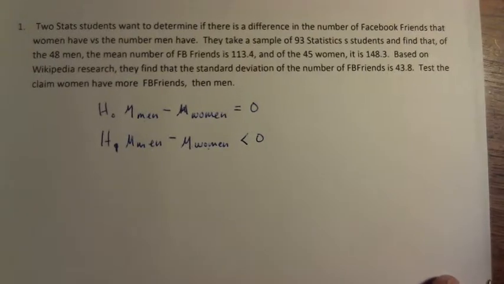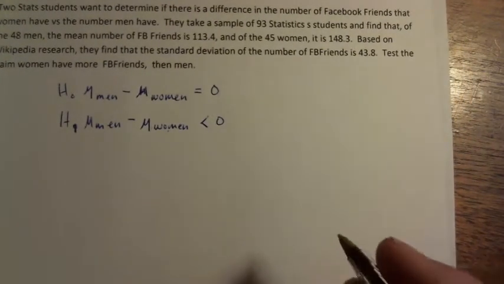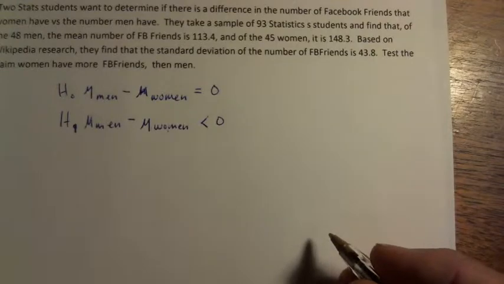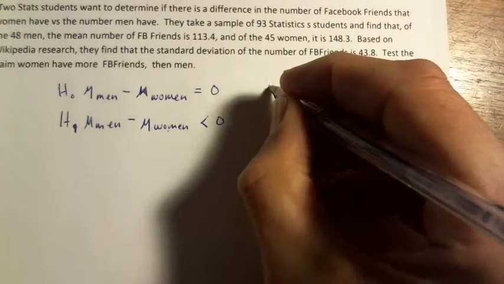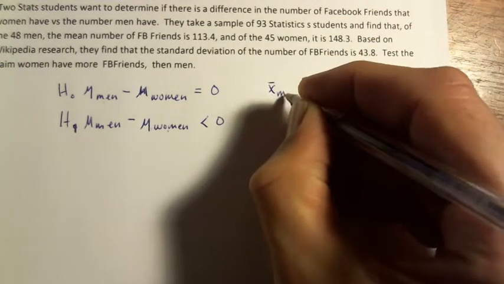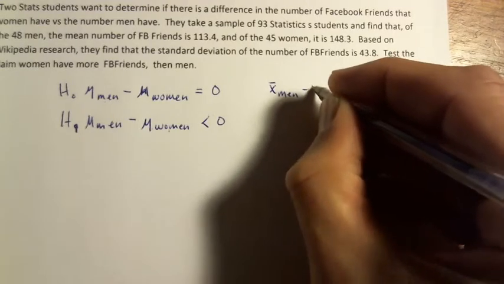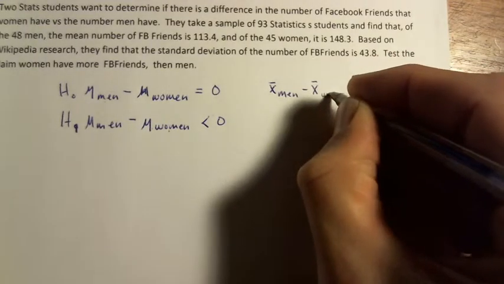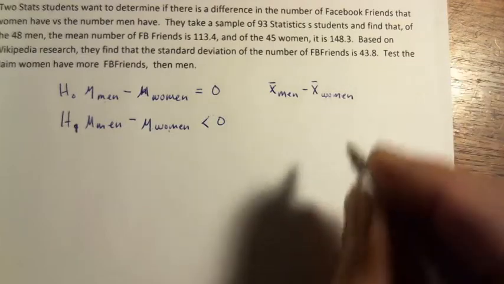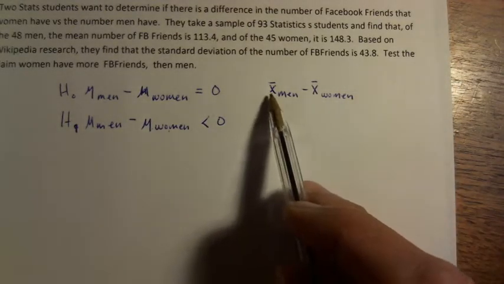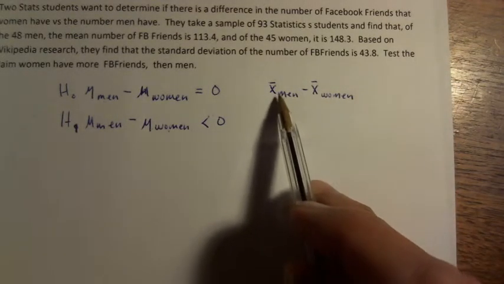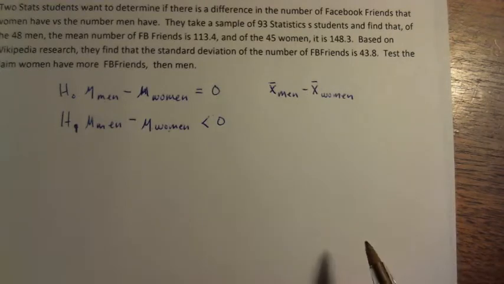Well, in order to test this hypothesis, we're going to use this as our piece of data. We're going to look at the mean from our sample of men minus the mean from our sample of women. And it just so happens that if we were to take hundreds and hundreds of samples like this and look at the mean of one sample minus the mean of the other, they would be normally distributed.